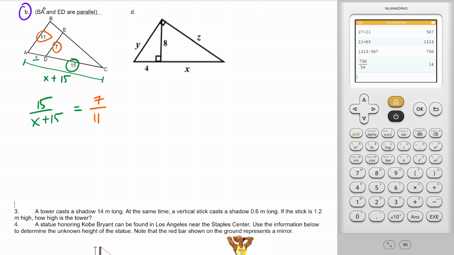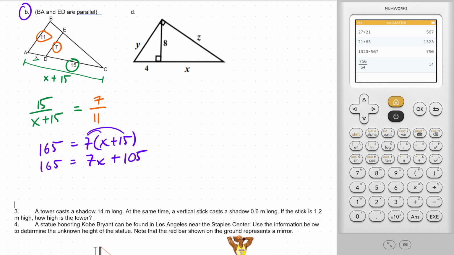Okay, so first thing I do is cross multiply, which 15 times 11, well, 15 times 10 is 150, plus 15 is 165. And then I have 7 times x plus 15. Okay, so I'll distribute the 7, and I get 165 is equal to 7x, and 7 times 15 is 105. Like I said, it's early.